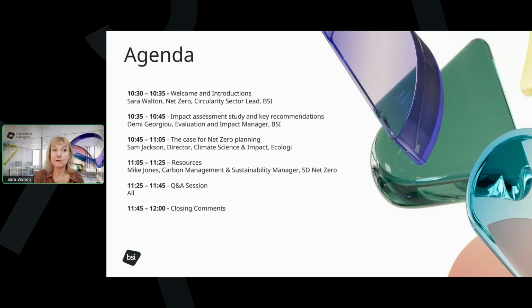So that's Sam Jackson, who's Director of Climate Science and Impacted Ecology. He's going to show you how to make the case for net zero planning really clearly within your organisation. And Mike Jones, who's Carbon Management and Sustainability Manager for 5D Net Zero, who's going to dig into the resources available to help you with all of that.